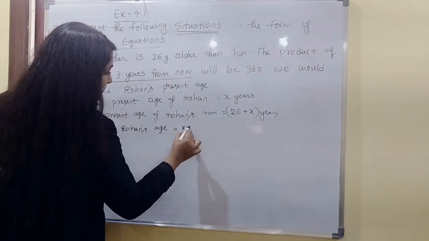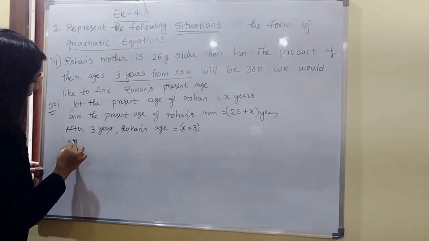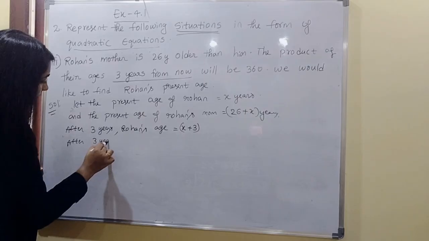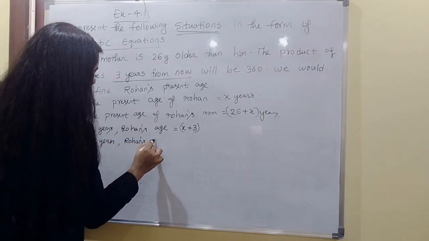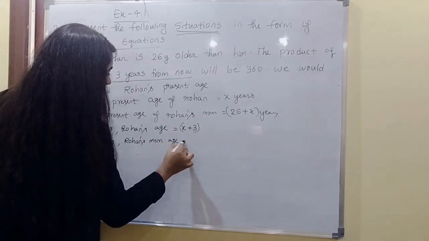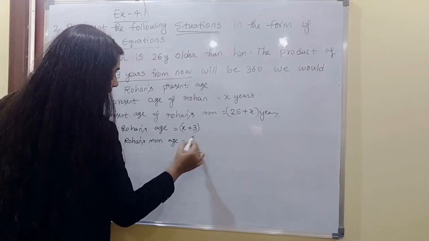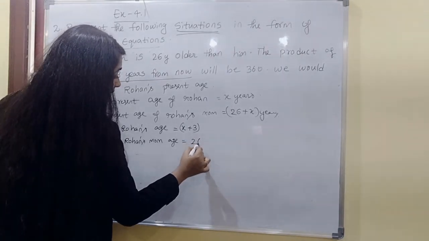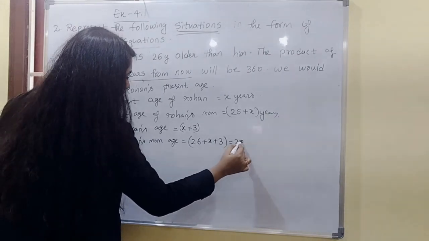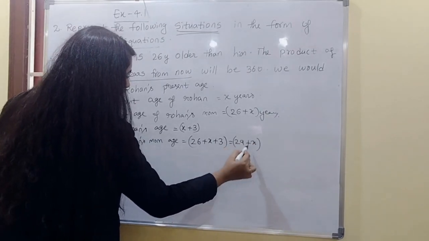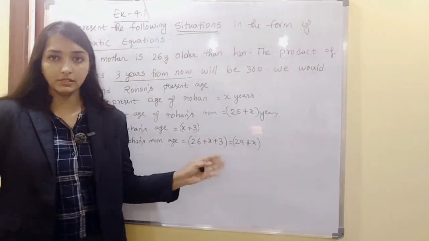After 3 years, Rohan's mom's age will be, you add 3 to the 26 plus x, that is 26 plus x plus 3, which is equal to 29 plus x years. Okay, these are the future ages of Rohan and Rohan's mother.